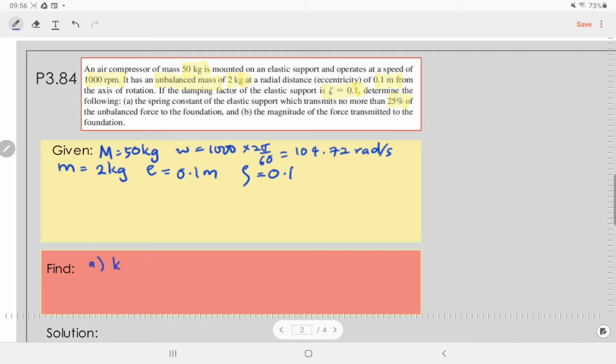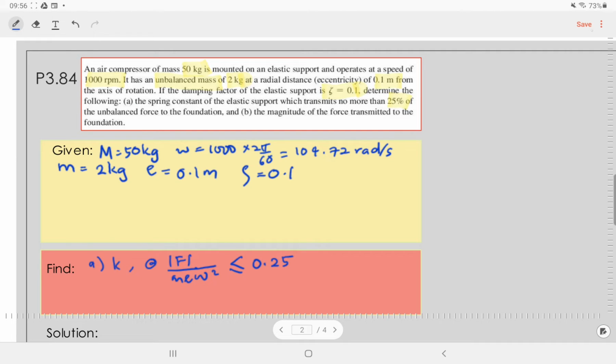So the way you do it is basically here, that means your force, I just put it in terms of absolute value, because if you calculate then you would have plus minus value. So 25% means 0.25. So that's how you write the equation. You can also refer to equation 3.84 later on when you solve it.